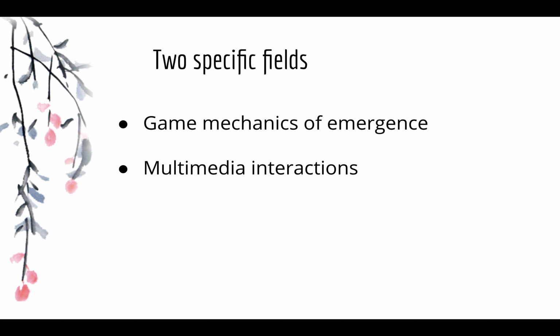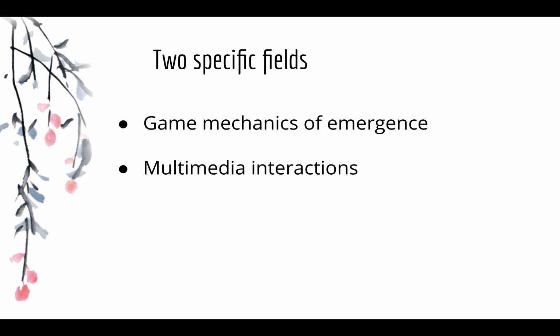So my two specific aspects that I think could help improve the engagement of serious games are game mechanics of emergence and multimedia interactions. Game mechanics is a related extension of game rules, but serves as a more concrete and detailed concept.